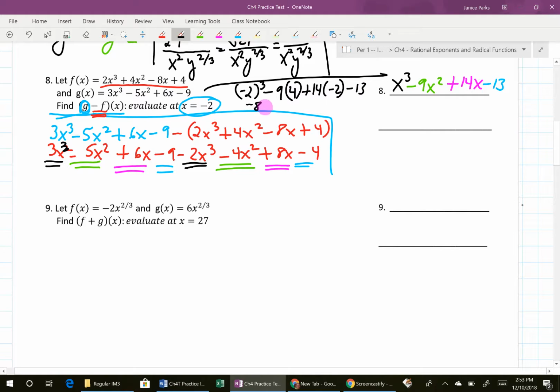So it's going to be negative 8 minus 36 minus 28 minus 13. So everything is negative. Since everything is negative, you can just add all of those numbers up. So we're going to have 8 plus 36 plus 28 plus 13. It gives you 85, but because they're all negative, you're going to have negative 85.